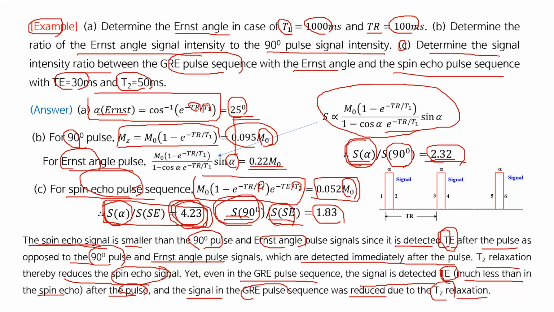So the reason why the GRE pulse sequence intensity is larger than that of the spin echo pulse sequence is that the TE in the spin echo pulse sequence is larger. So we have this factor in the spin echo pulse sequence, exponential minus TE over T2. Due to this factor, the signal intensity in the spin echo pulse sequence is smaller than that in the GRE pulse sequence or the 90-degree pulse sequence.